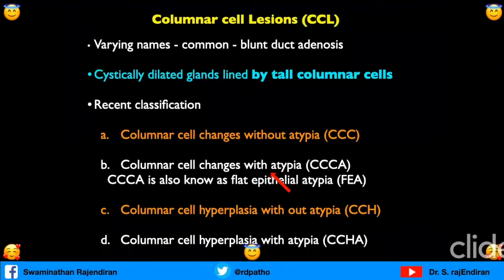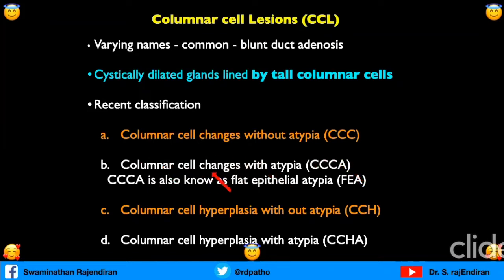Columnar cell lesions are also a very important condition, which is not diagnosed that much in India. Previously we used to call it blunt duct adenosis, but now WHO has banned this terminology and it is known as columnar cell changes, or columnar cell lesions. They are cystically dilated glands lined by tall columnar cells, and now it is classified into columnar cell change without atypia, and columnar cell change with atypia.